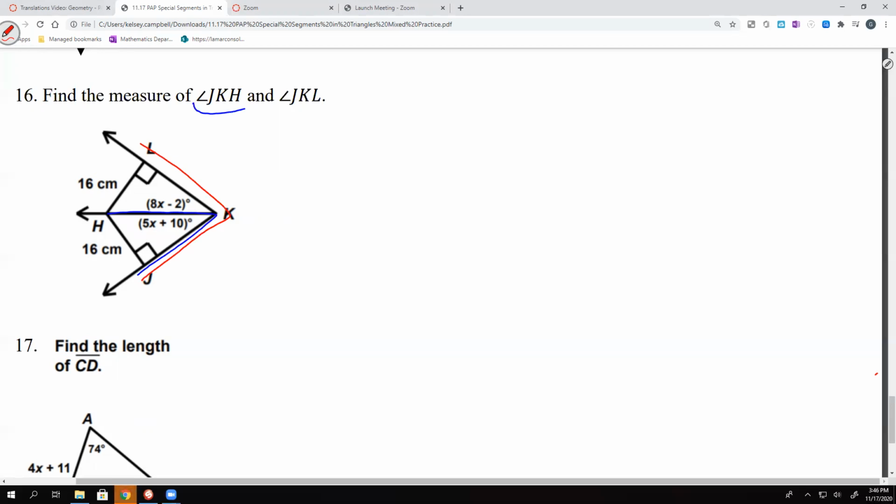Now, to find JKH, we have to understand that this 5x plus 10 is going to be congruent to this 8x minus 2. All right, and how do I know that? Well, because I have these 90-degree angles here, and then I also see that the 16 and the 16 are the same. So that tells me that HK is an angle bisector. So we get 8x minus 2 is equal to 5x plus 10.